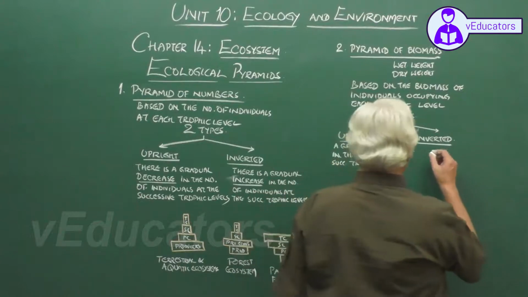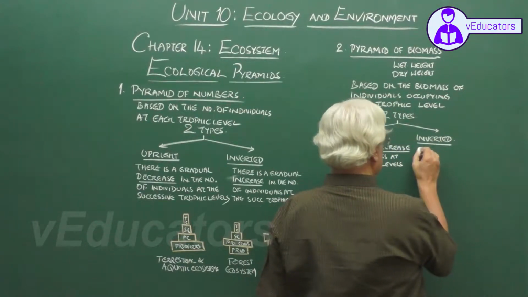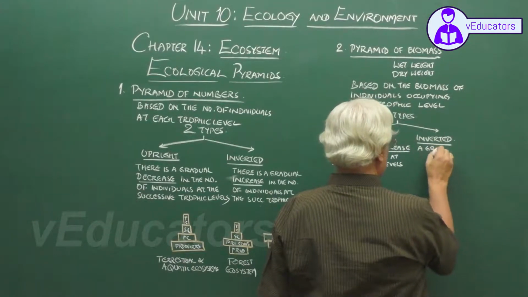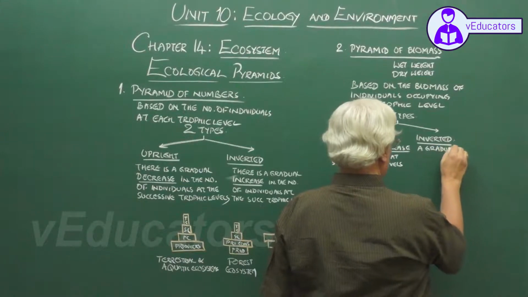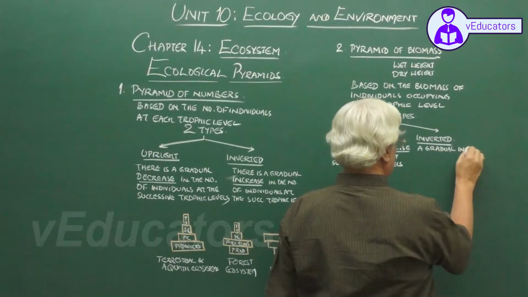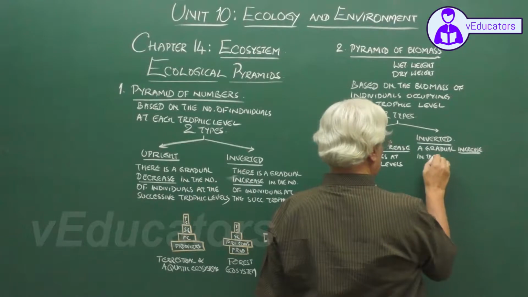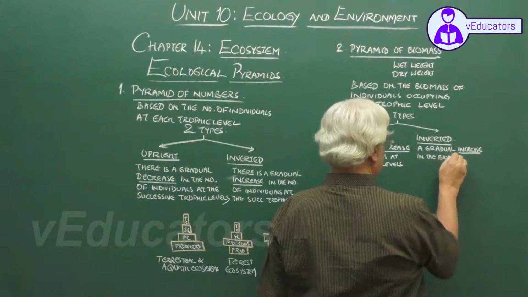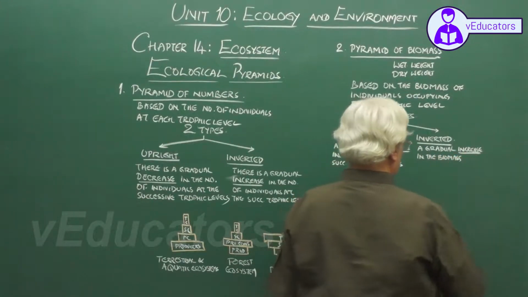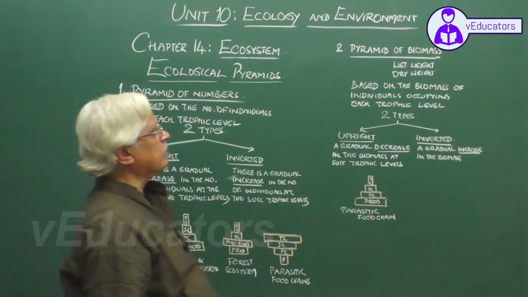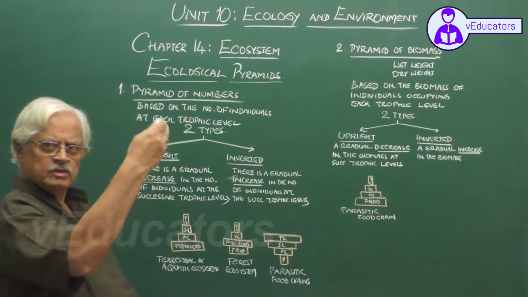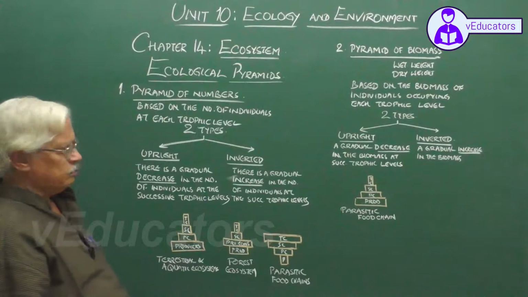In the case of inverted pyramid of biomass, you will see a gradual increase in the biomass at the successive trophic levels.